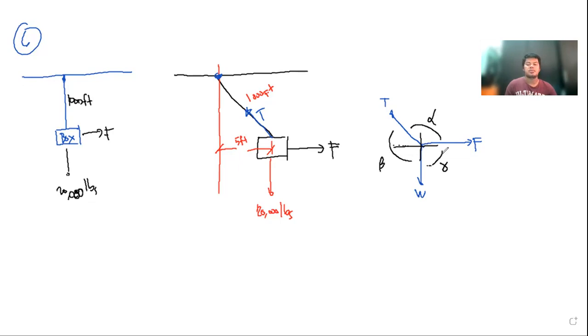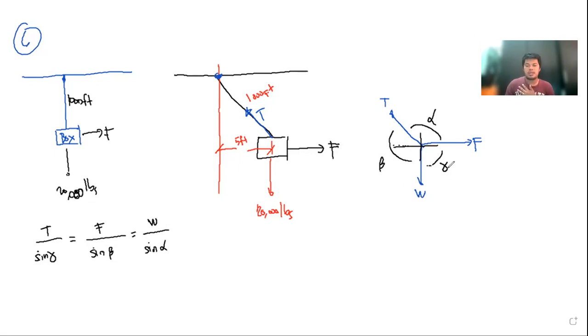So according to Lami's theorem, you can remember, Lami's theorem is T over the sine of the opposite angle, that is equal to F sine of beta, and then weight sine of gamma.